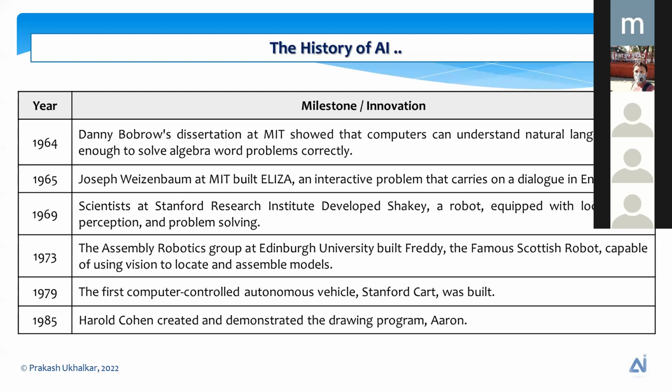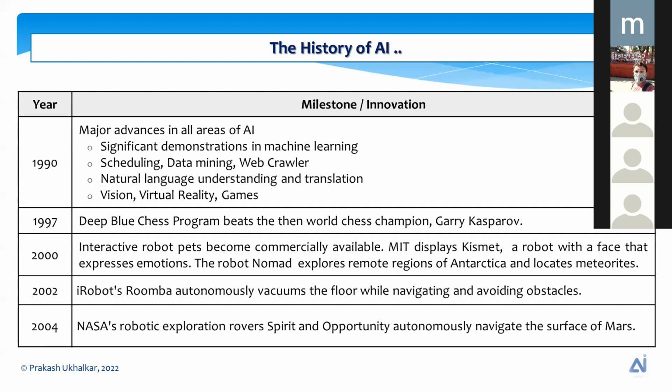Then in 1990, major advances in AI basically performed scientific demonstrations in machine learning, case-based reasoning, multi-agent planning, scheduling, natural language processing, data mining, web crawling, virtual reality, virtual games, vision.